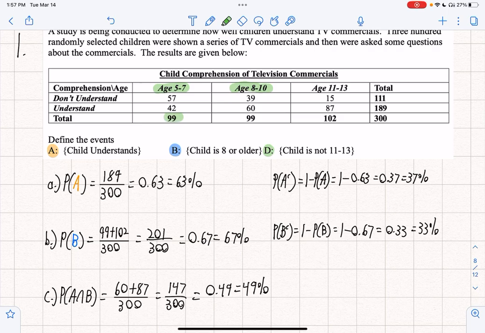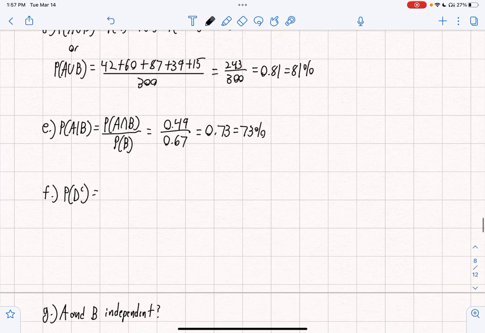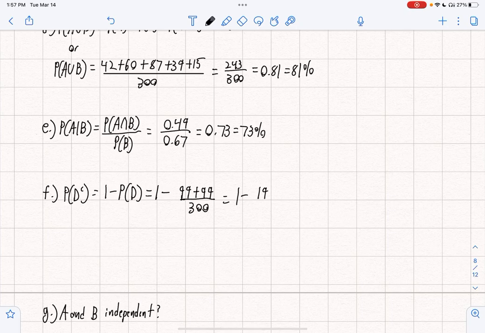So that'd be 99 and 99. So here we have 1 minus the probability of D, which would be 1 minus 99 plus 99 over 300. So this is the same as 1 minus 198 over 300, or 1 minus 0.66, which should be 0.34 or 34%.